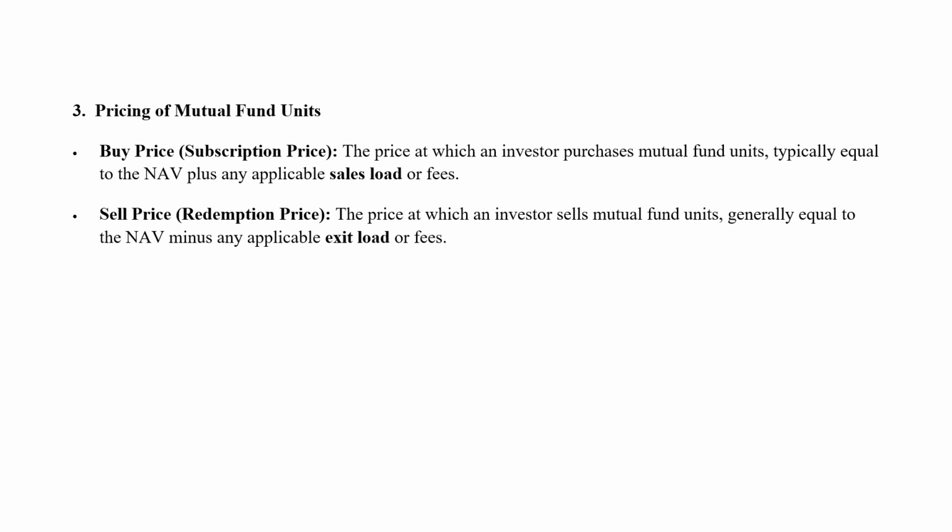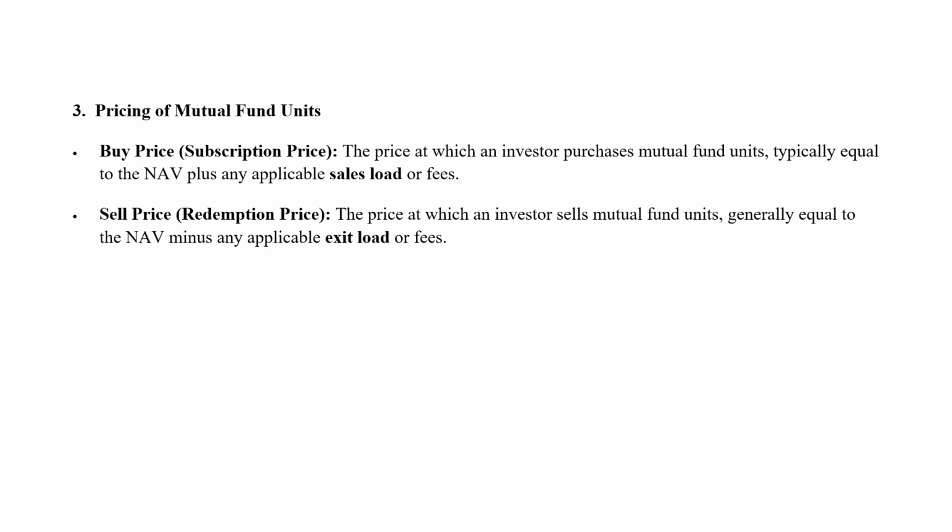Then the selling price, or redemption price, at which investors sell the mutual fund units, is generally equal to NAV minus applicable exit load. You have a sales load when you buy: a sales load will be added on your net asset value when you buy it, and any exit load or fees will be subtracted when you sell it.